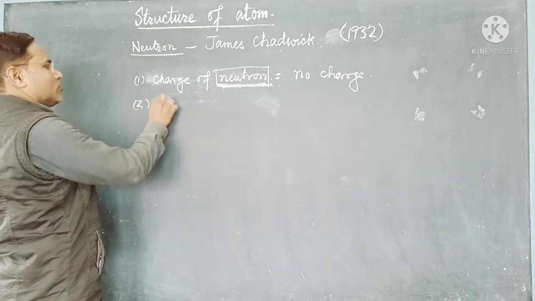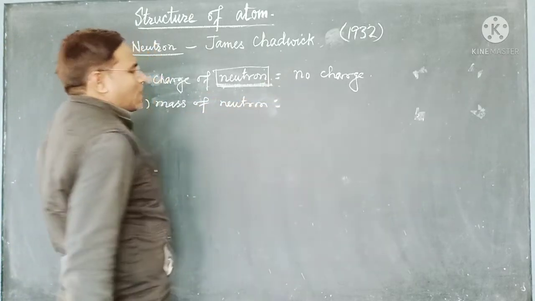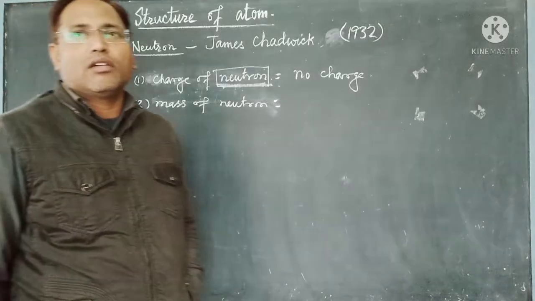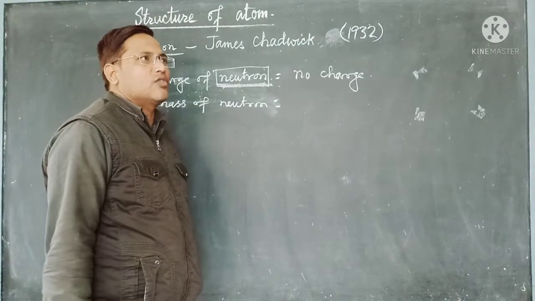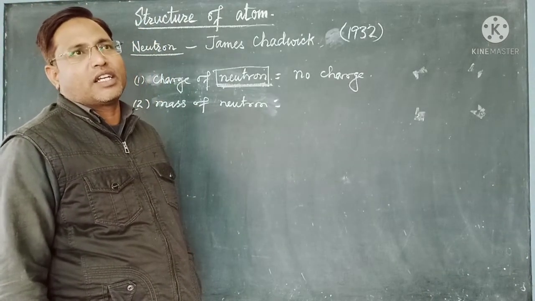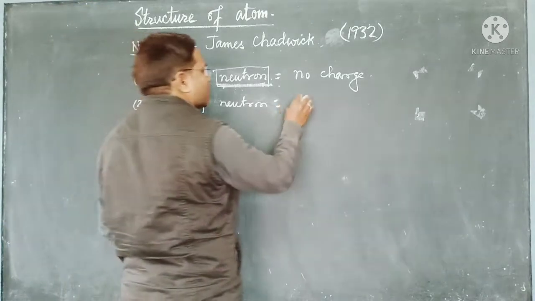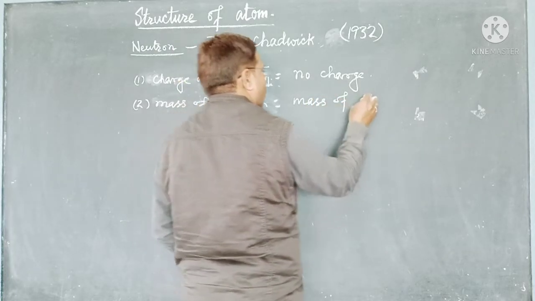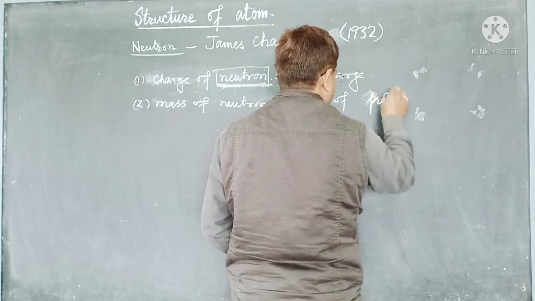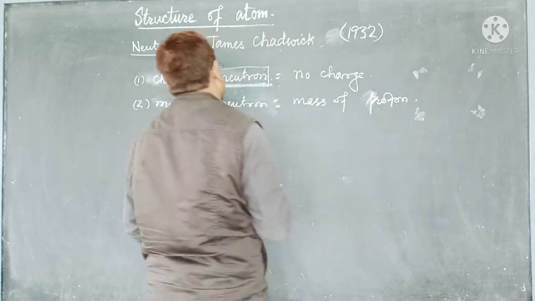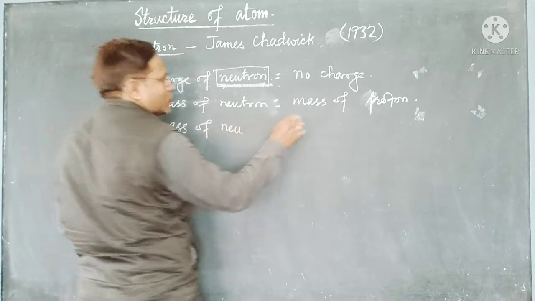Next we come to the mass of neutron. The mass of neutron is said to be equal to the mass of proton. As we saw in the case of carbon, we take 6 of proton, then 6 of neutron also. That means the mass of neutron is equal to the mass of proton. This is relative mass.